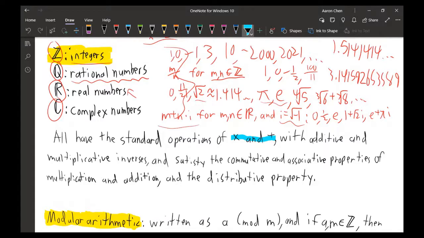And all of the numbers also have additive and multiplicative inverses.